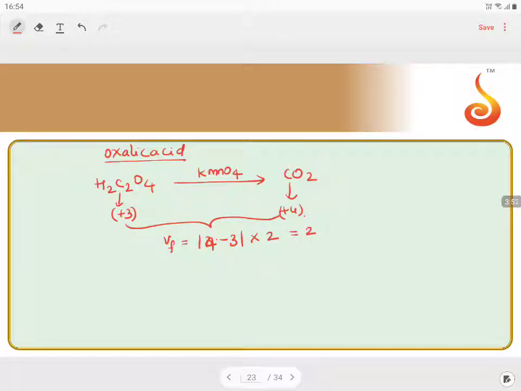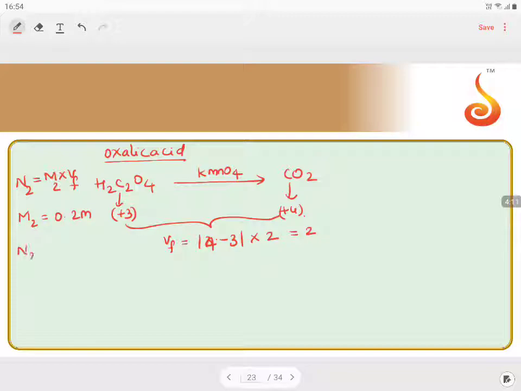Knowing the valency factor of oxalic acid, the data which is also known to us is N2, which is equal to molarity into valency factor, where molarity M2 is given as 0.2 molar.